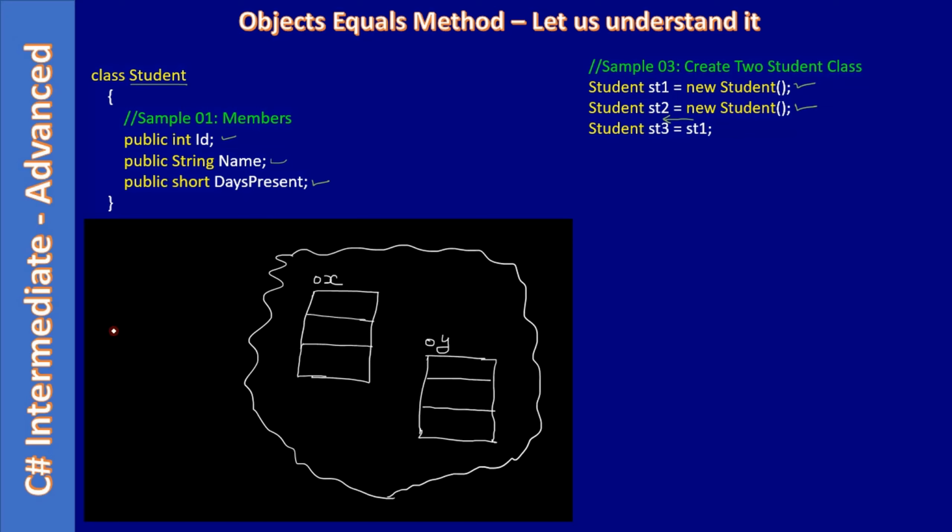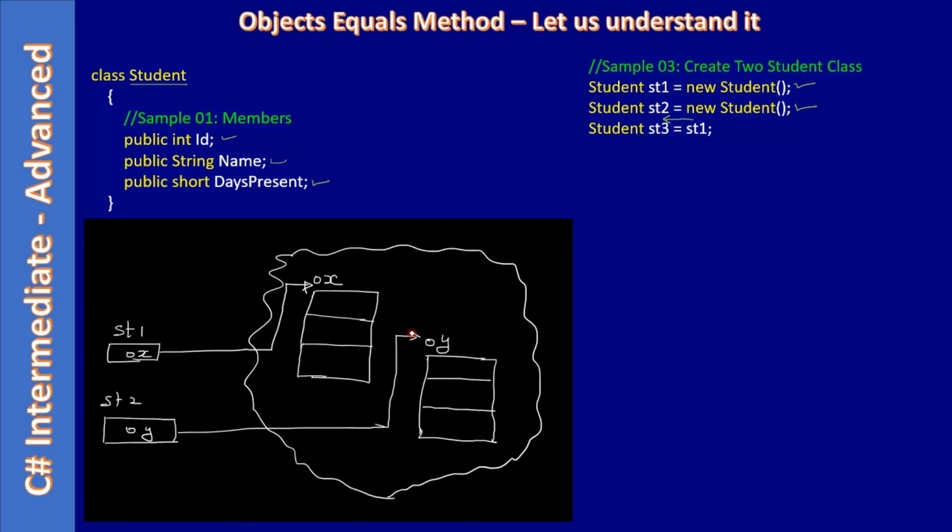Then in the stack frame of this function, we will have st1 and st2. st1 will hold the address 0x, so this will point here. Then st2 will hold the heap location 0y, so this will point here.